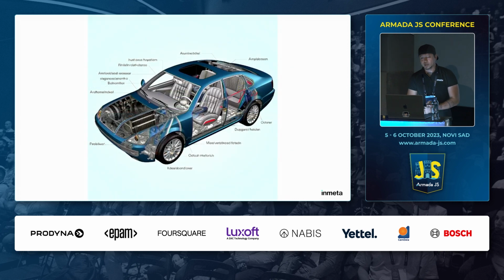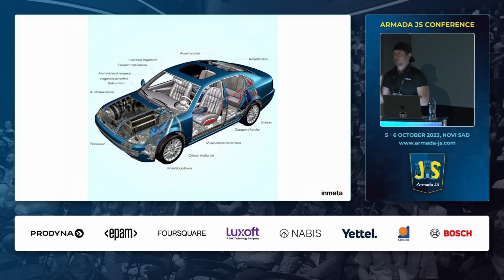So, this is a car design that shows you different pieces that were put together to build this car. Similarly, in software applications, these pieces are called modules, right? You can also say that in React, React components are the building blocks of a React application.